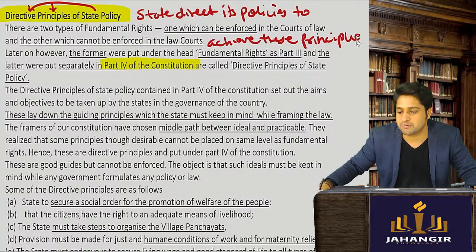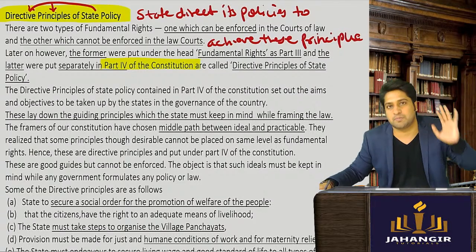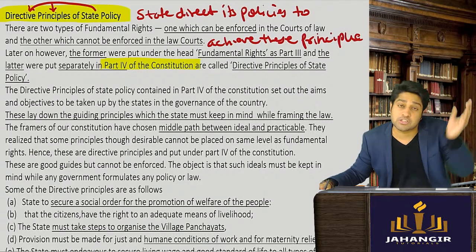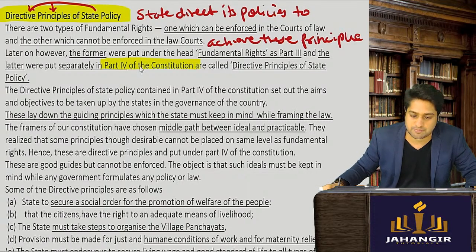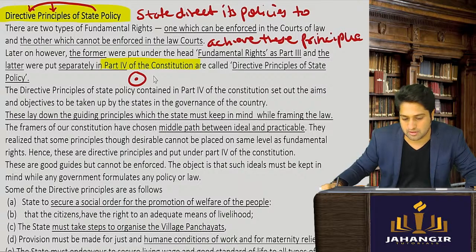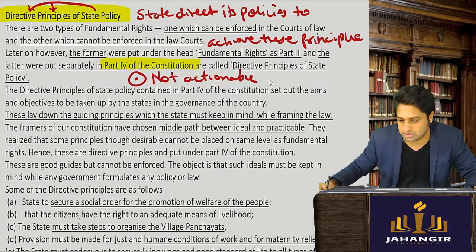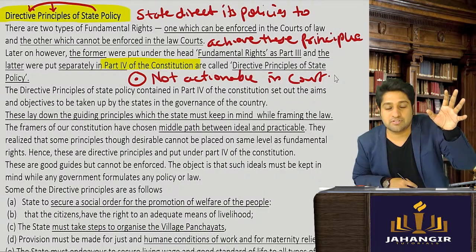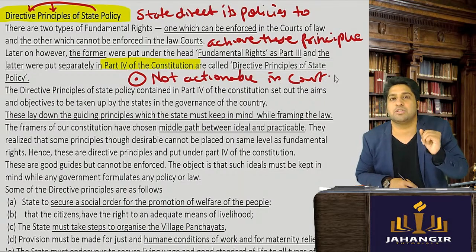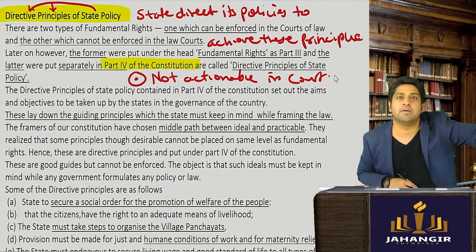Now these are just most ideal principles and we cannot force the state to definitely give them. Okay, so if these principles are not given, it is not actionable in courts. Means if the state government cannot give you these things, you cannot go to court and say that no, give me.